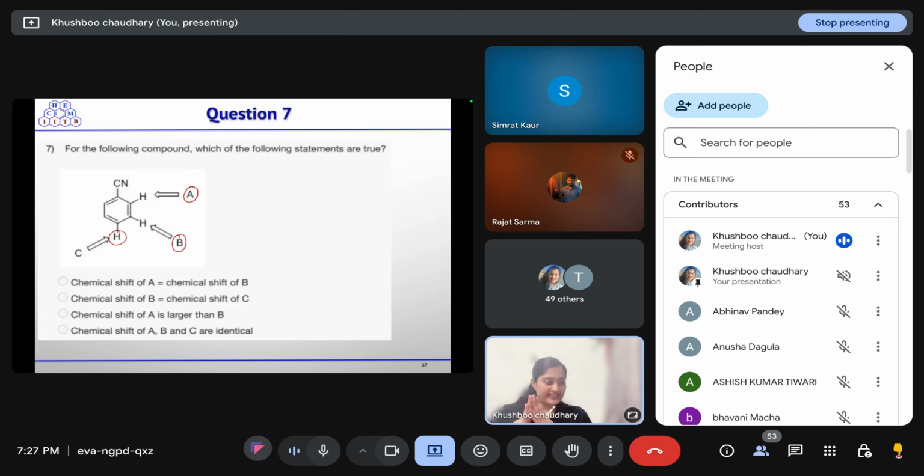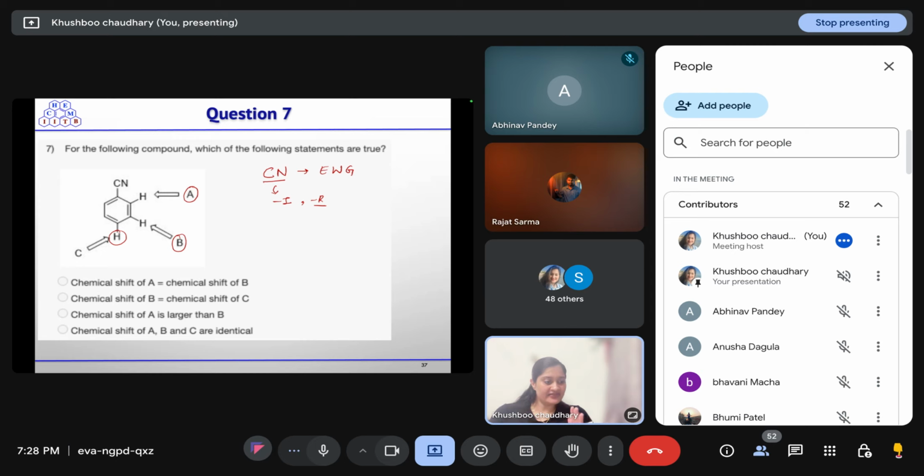So let's move on to the next one. In this case, you have to tell which of the statements is true. They are asking about the chemical shift of A, B, and C. Now, cyanide is electron withdrawing or electron donating? Electron withdrawing. So that means electron density is decreasing on the ring, and for cyano, the minus I effect is more than the minus R effect.